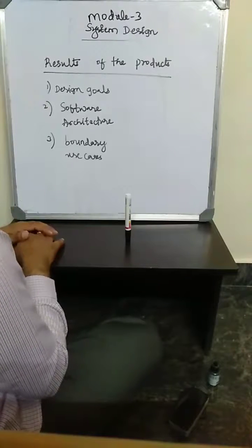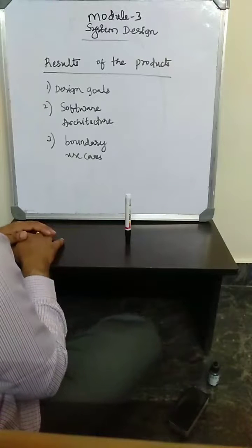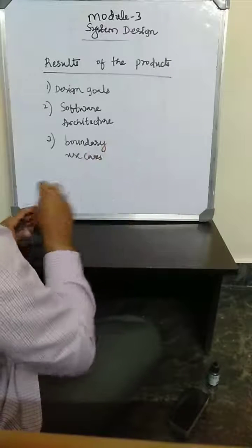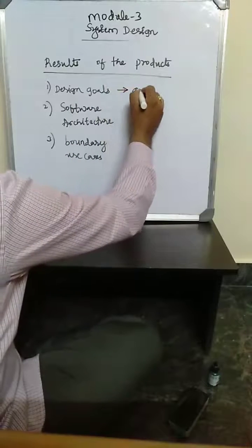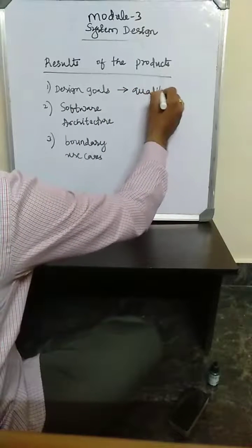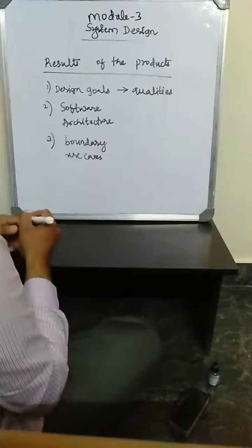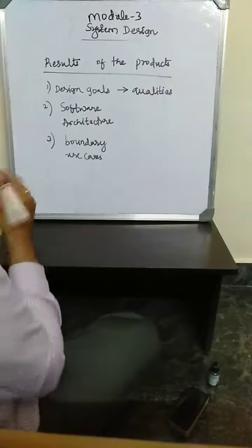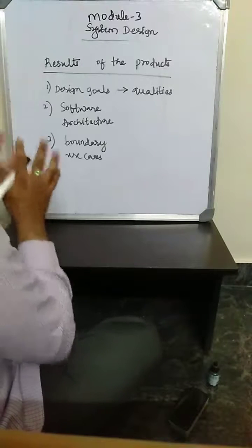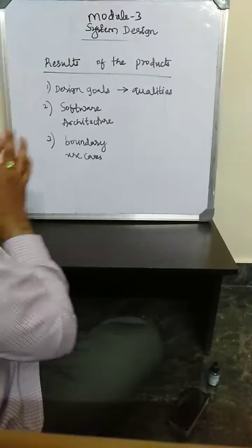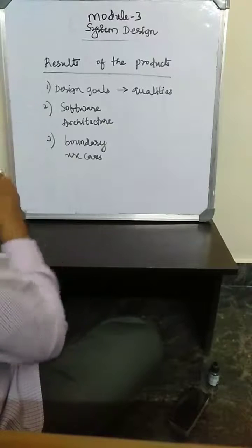What exactly are the design goals? They describe the qualities of the system, qualities and goals, so that the developer should optimize.